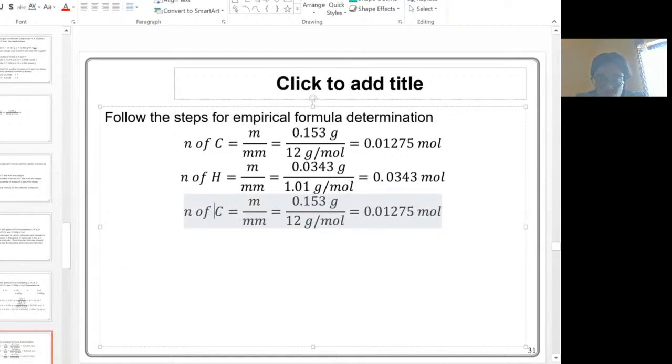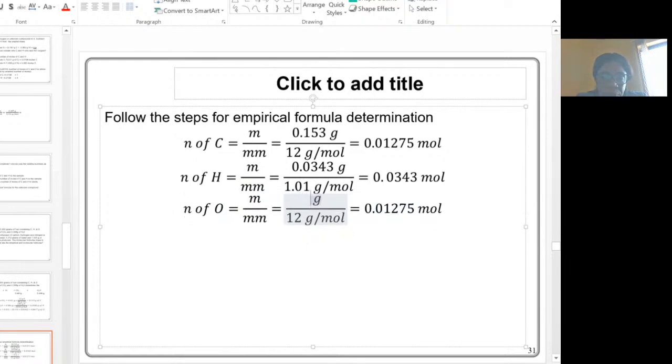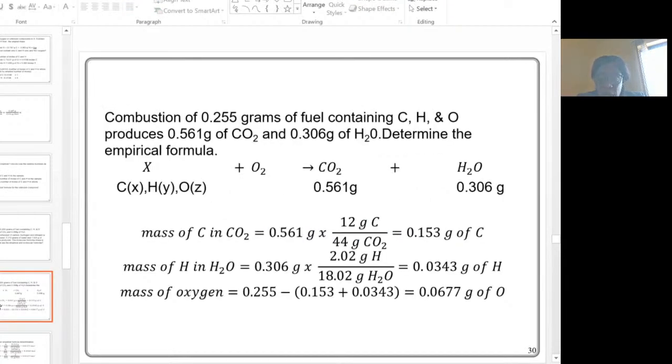Then we now move on to the moles of oxygen. Moles of oxygen is equal to mass over molar mass. And what's the mass of oxygen? Mass of oxygen is 0.0677.